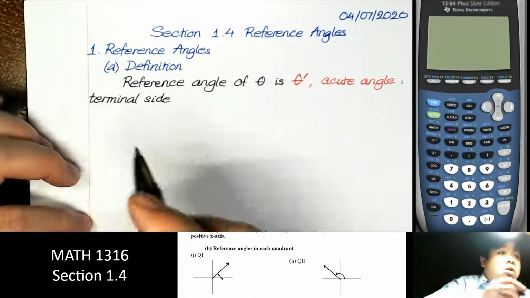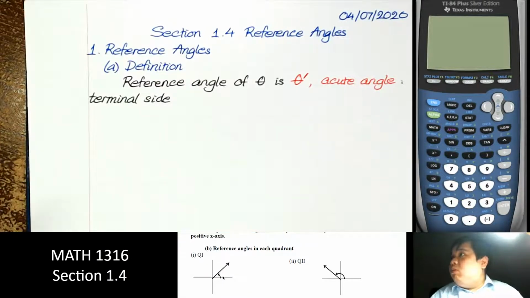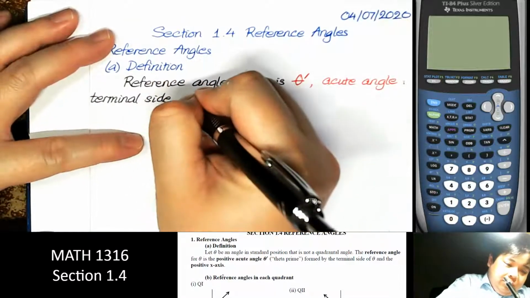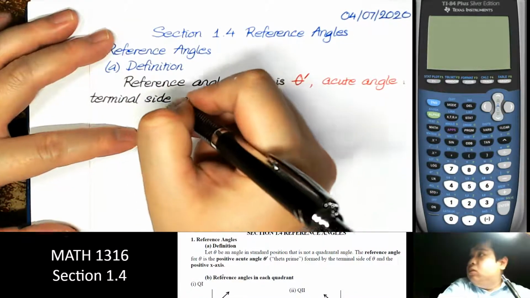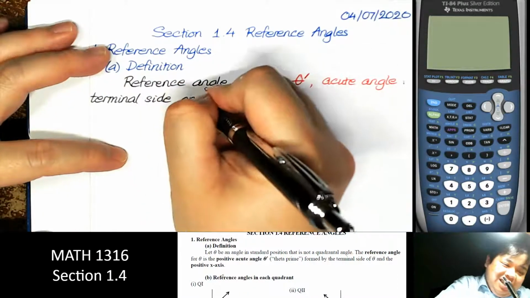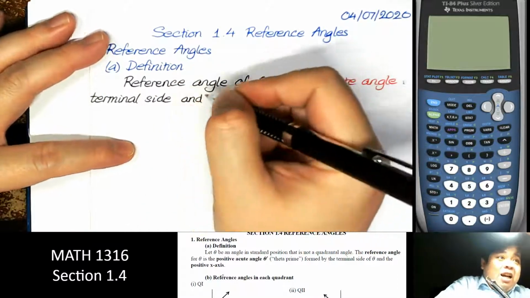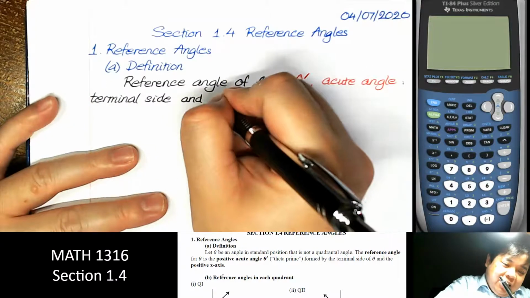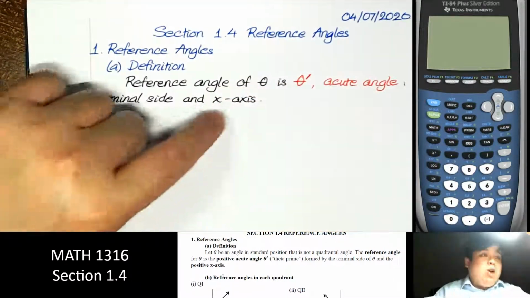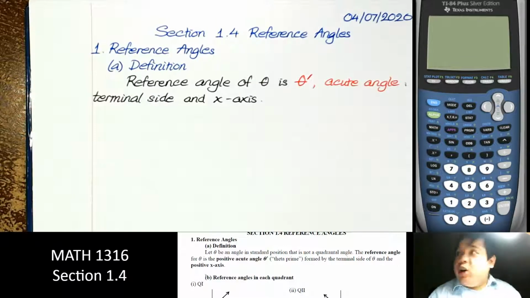No, that was wrong. The definition, I think, is formed with either the positive or negative x-axis. Right. Not just the positive x-axis. I think I noticed the typo.